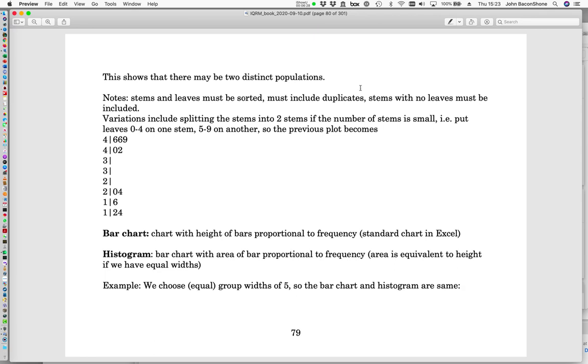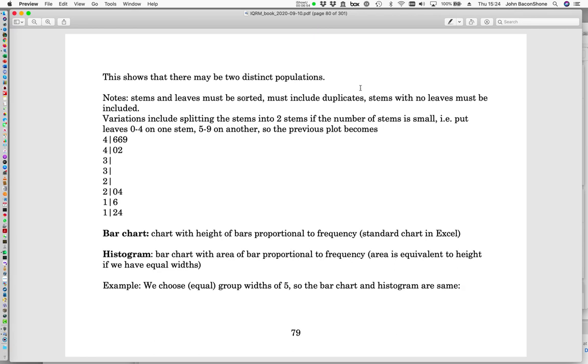When you do a chart in Excel, it gives you the option of a bar chart. It doesn't mention histogram as such. A histogram, the difference is that the area of the bar is proportional to frequency. So not the height of the bar, but the area. Now, of course, if all the bars have the same width, then the area of the bar is proportional to the height of the bar.